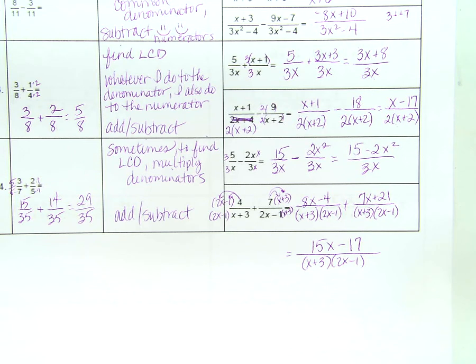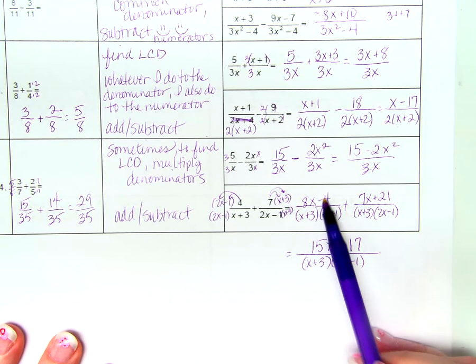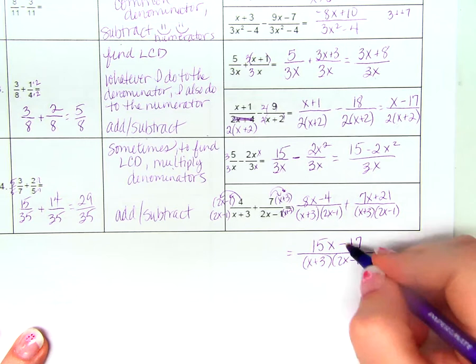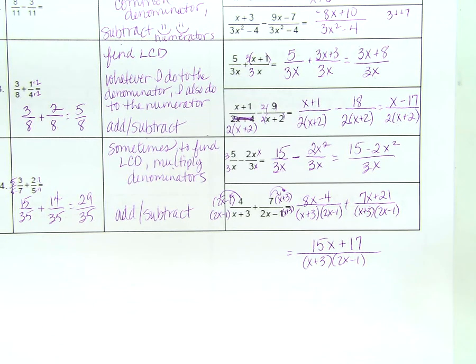Ask her. So the question was, wouldn't it be plus 17? If we have a negative 4 and a positive 21, wouldn't it be plus 17? Very good. Any questions? We good? Okay.